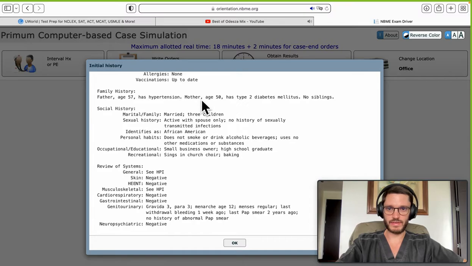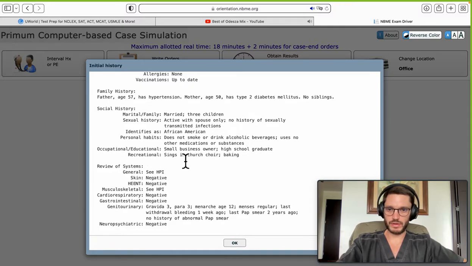Family history: father, age 57, has hypertension; mother has type 2 diabetes. Social history: married with 3 children, sexually active with spouse. She is African American. This might be important, doesn't seem so right now. Personal habits: does not smoke or drink alcoholic beverages, uses no other medication.